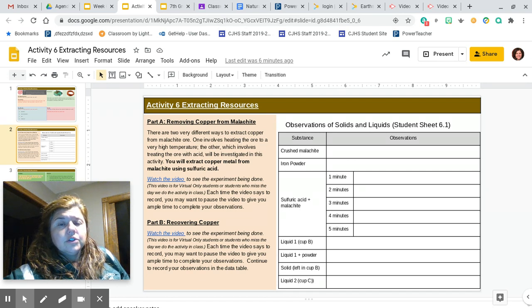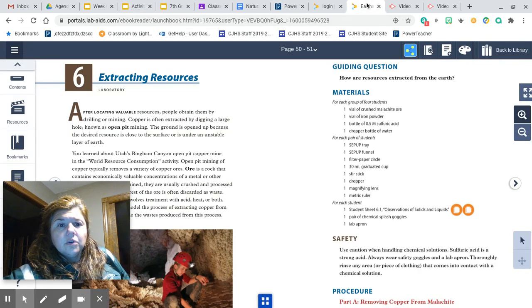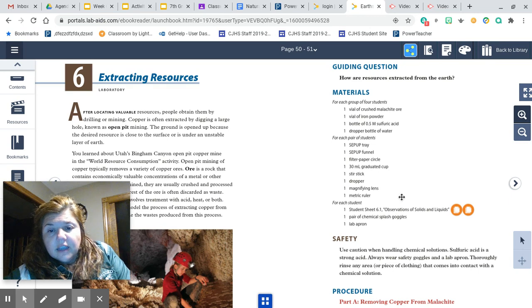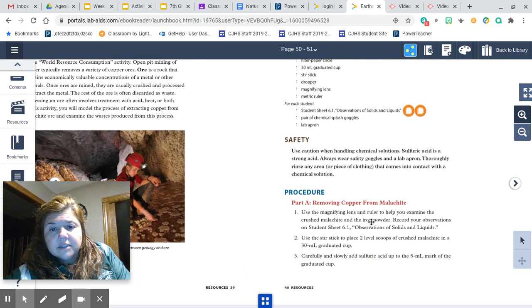Now, in order to know how to remove the copper from malachite, you need to read the procedure, and you will find the procedure in Lab 8 starting right here. And it goes through and explains what you should be doing.